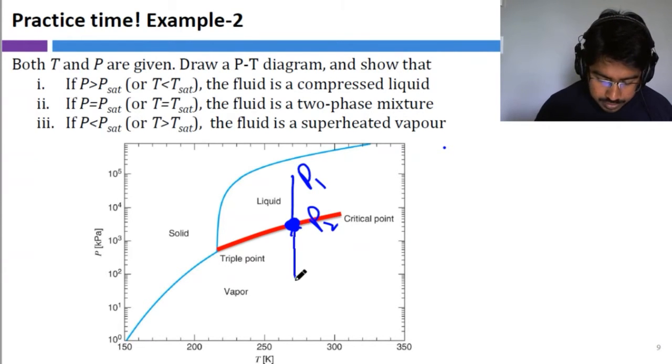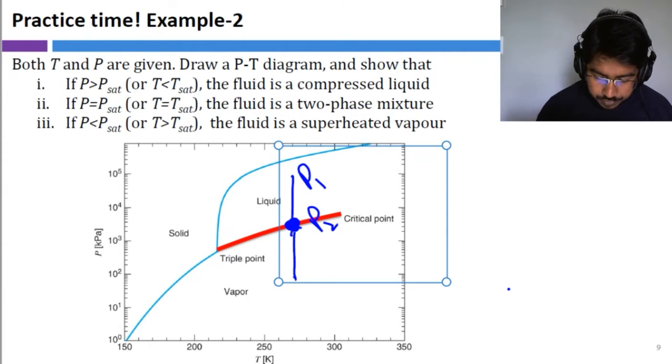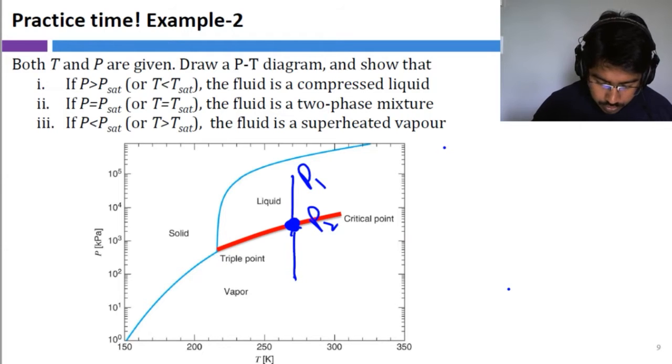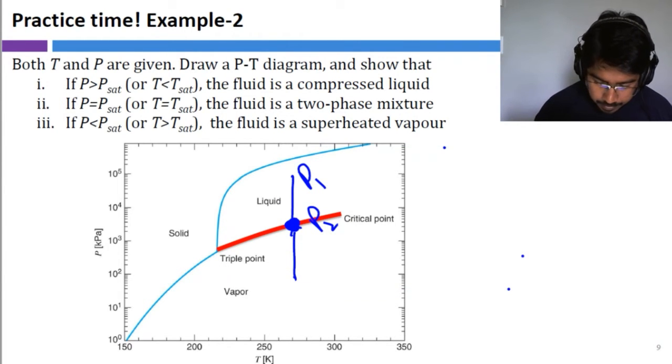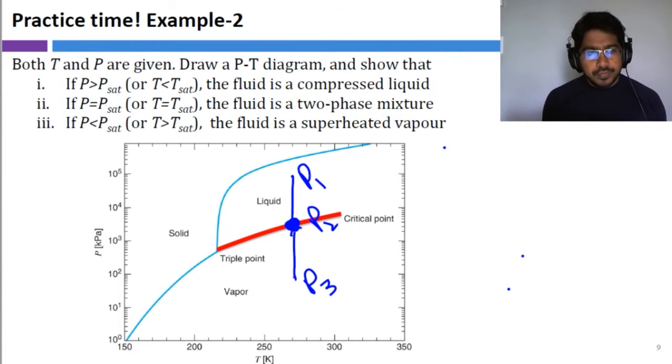And if pressure is lower than the saturation pressure, we can call it P3. So it asks us to show that if P is greater than Psat, the fluid is in the compressed liquid region.